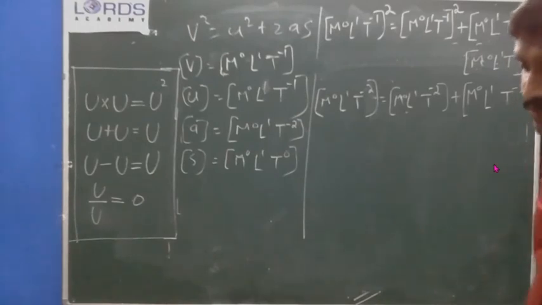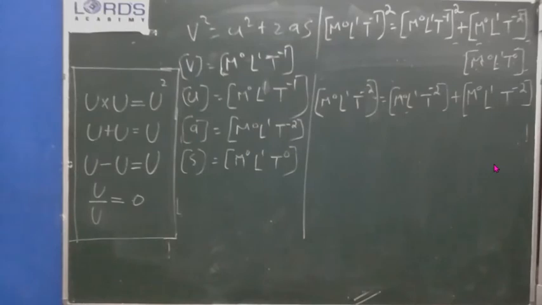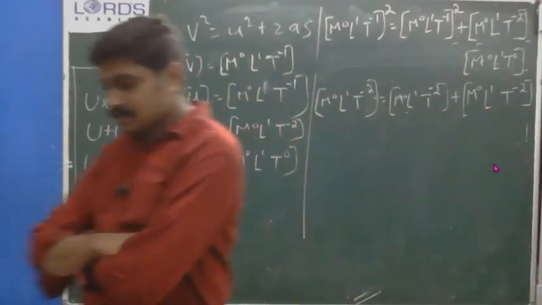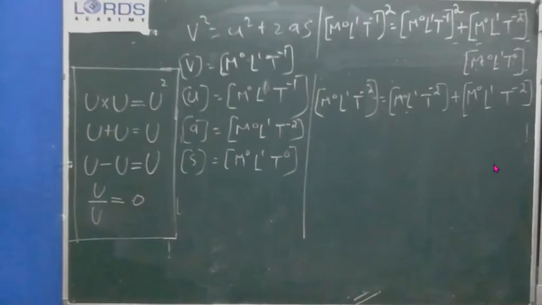I took the square. So what's the mistake? Either you say there are no mistakes or fix one. Maria Sandra, I think. Who's there?